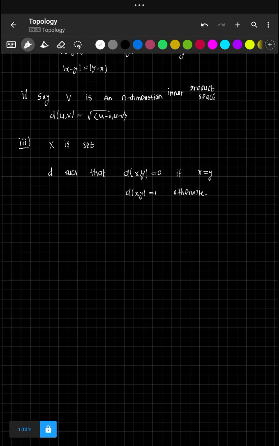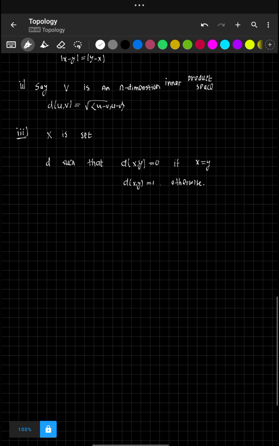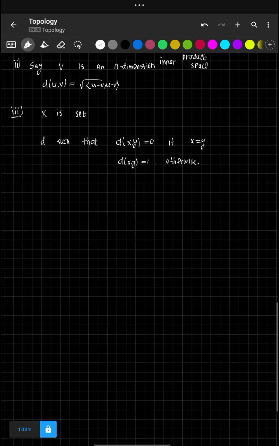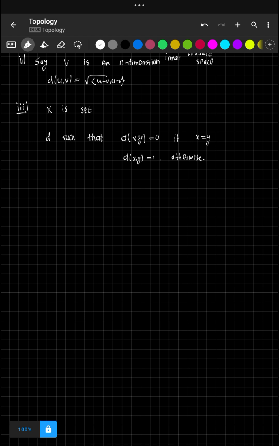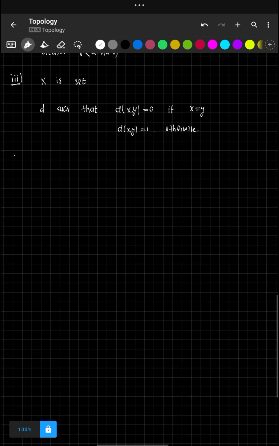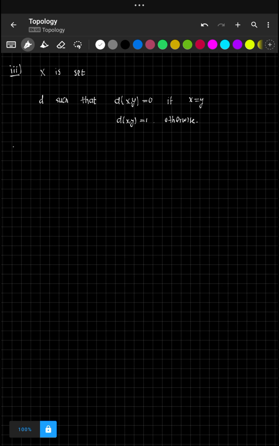Note that this metric is called the 0-1 metric, and it satisfies every requirement for a metric that we have asked for. So this is a metric, but it is a really non-trivial metric, in the sense that I think we have not seen it before.